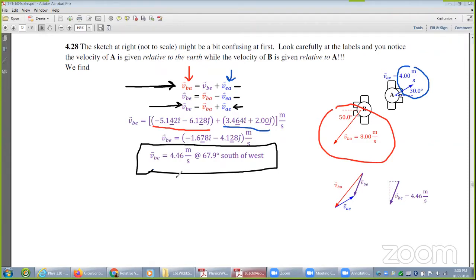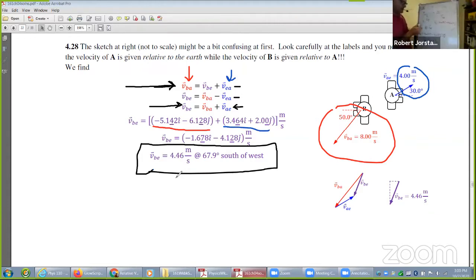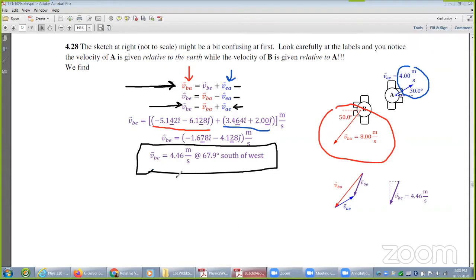So when I did it, I got VBE equals VAE minus VAB, but I don't know if that's right. Wait, let me write it down so I can see. Say it again slowly. You said VBE equals VAE minus VAB. Okay, give me a second.